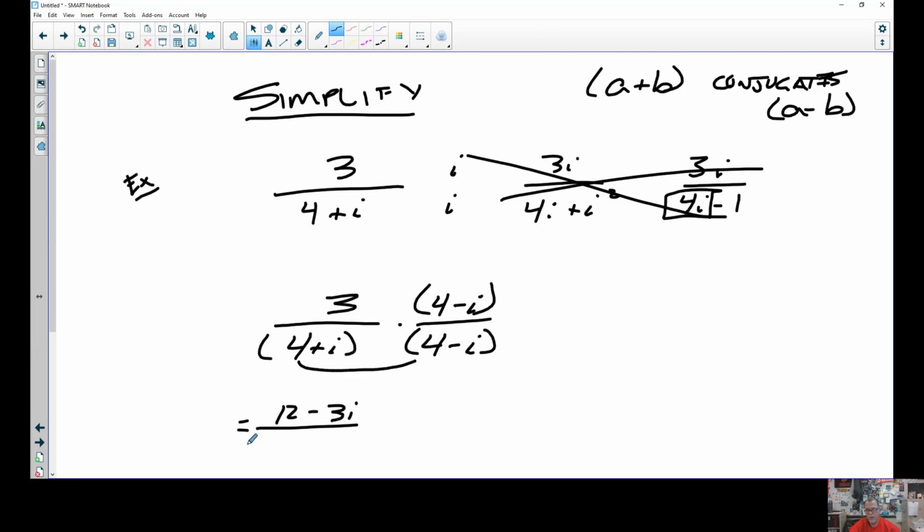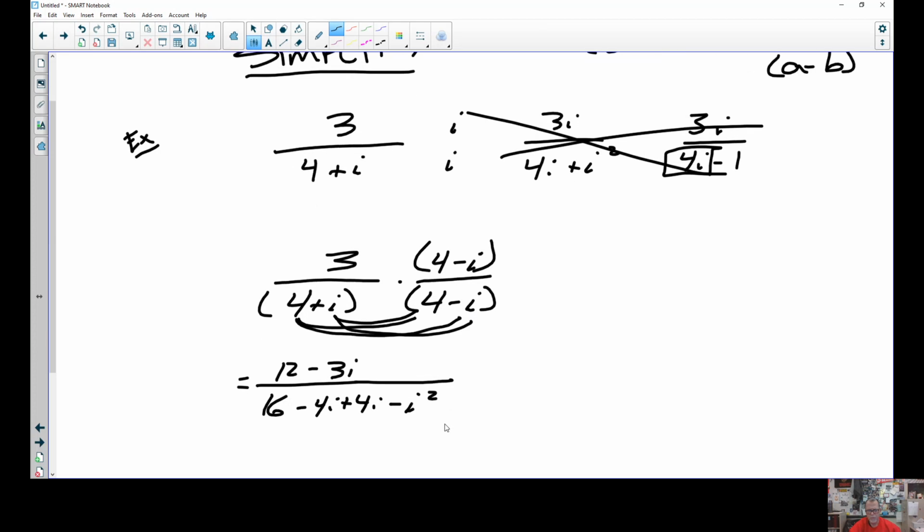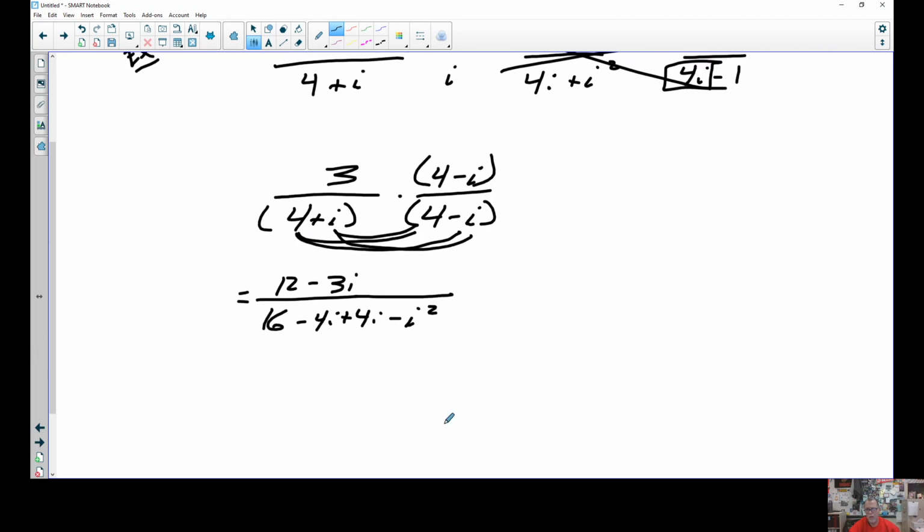I have to multiply first, and I'll have 16. Then outer is a negative 4i. Inner is a positive 4i. And then last is a negative i squared. So we have this. Now, what you notice here, I hope you notice, these cancel.